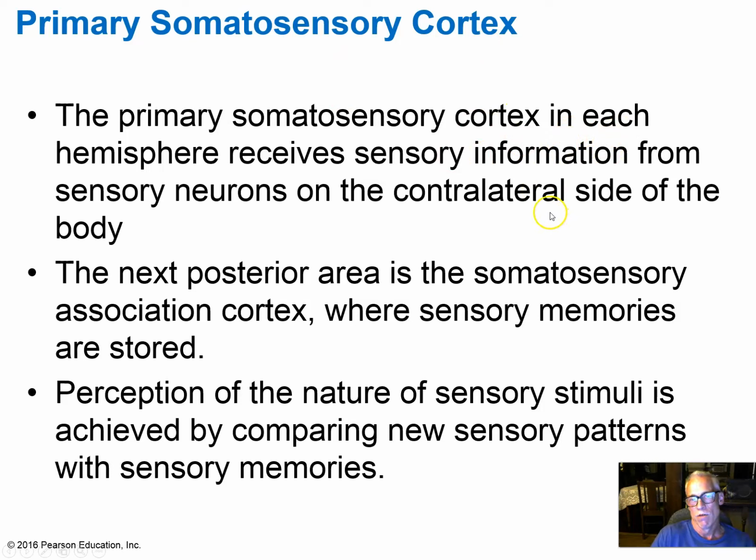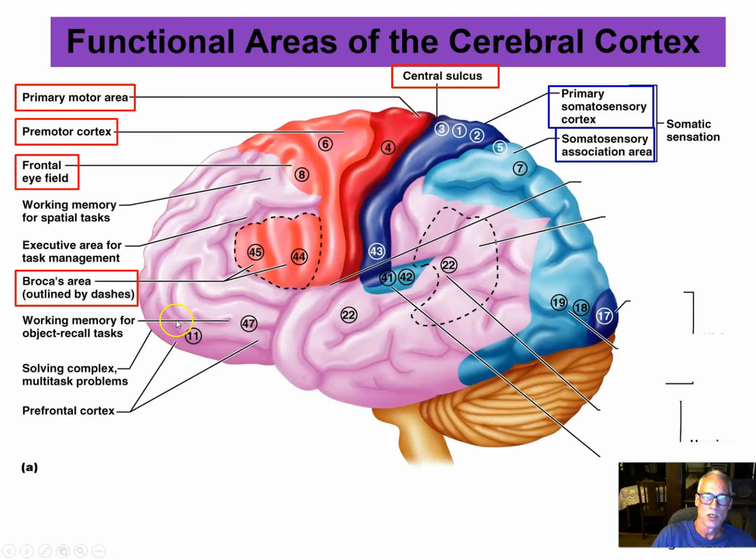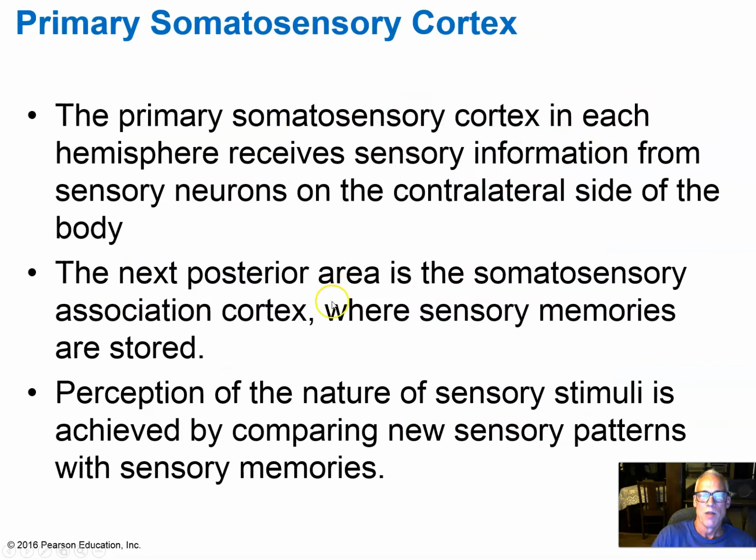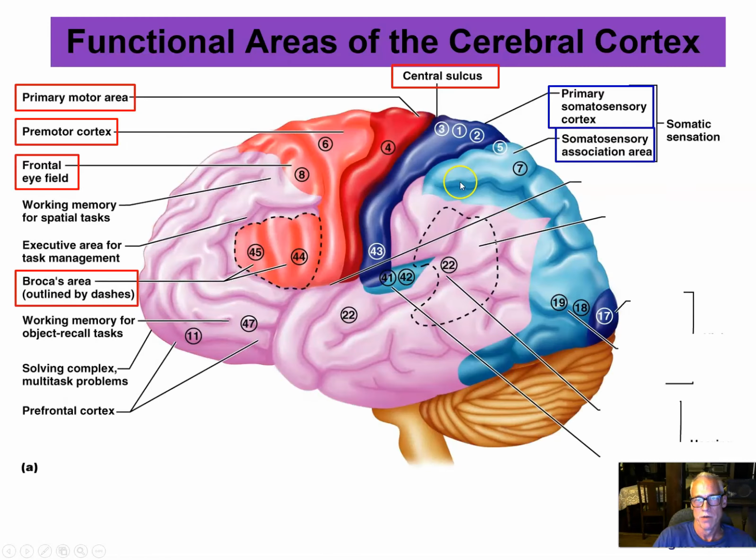Whenever we have a pattern of sensations, we store a memory of it in the association cortex just posterior to the primary somatosensory cortex. And then by comparing the current pattern of sensations with stored memories, we can begin to perceive the nature of the stimuli. What is it that's touching or impacting my body? Also, the sensory neurons from one side of the body arrive in the contralateral hemisphere of the cerebrum.